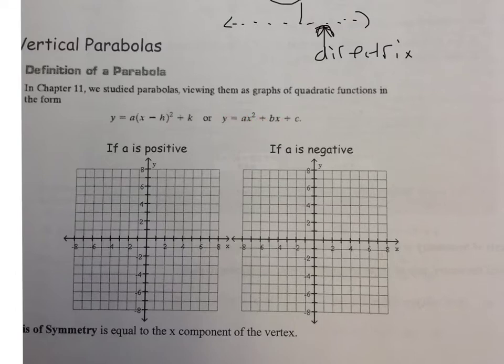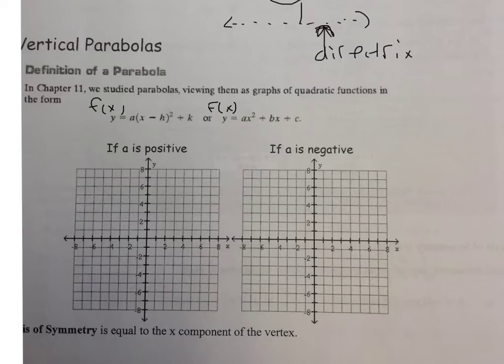By the way, you can also substitute in f of x for y. So f of x is possible in terms of functional notation. It could be f of x equals a times (x minus h) squared plus k, or f of x equals ax squared plus bx plus c.